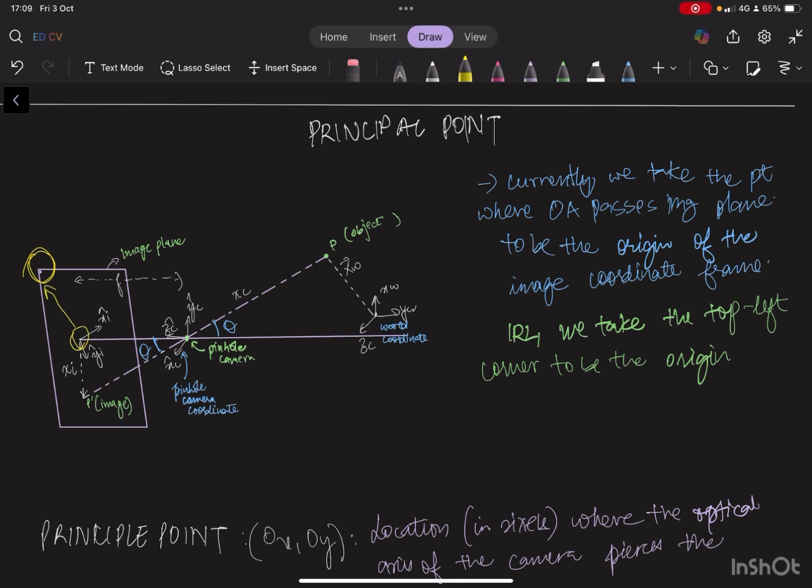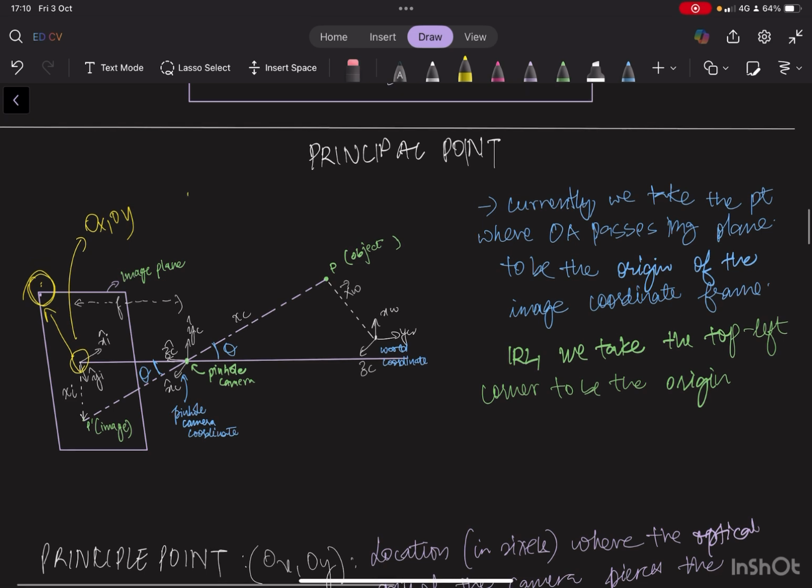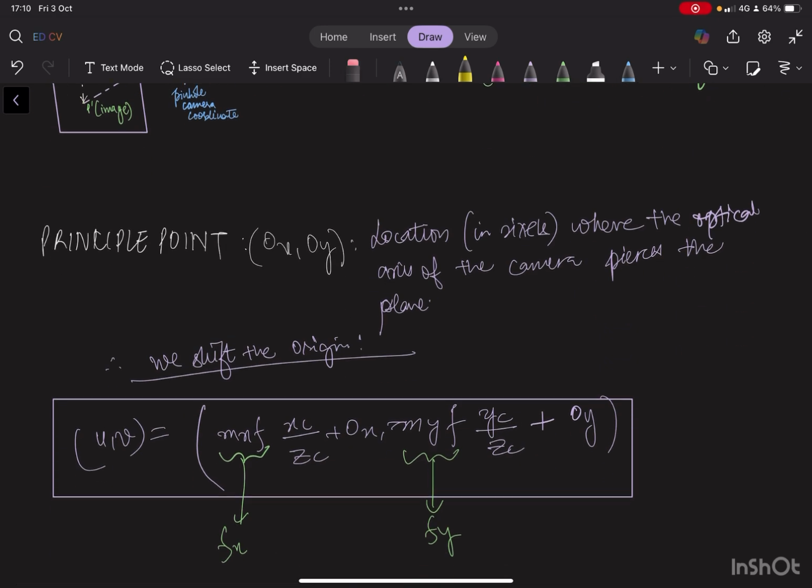Now we want to shift the origin here, and let's assume this point is ox comma oy after shifting the location of the origin. So each pixel point in this image plane will also be shifted by ox and oy. Basically u will become u plus ox, v will become v plus oy. This is simple shifting of origin.